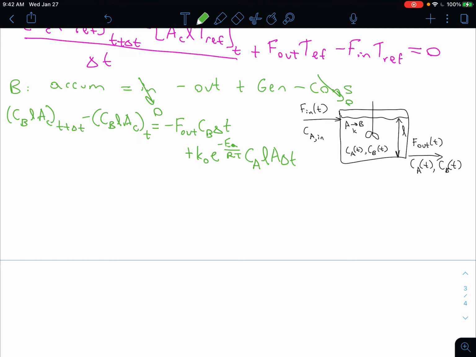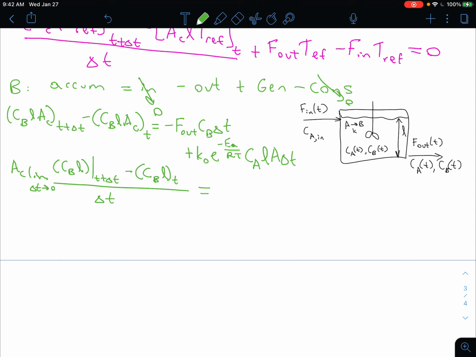So let's continue. I'm going to factor out A_c. So A_c times CB L at T plus delta T minus CB L at time t. I'm going to divide through by delta t. I'm going to take the limit as delta t goes to 0 in order to get a derivative.